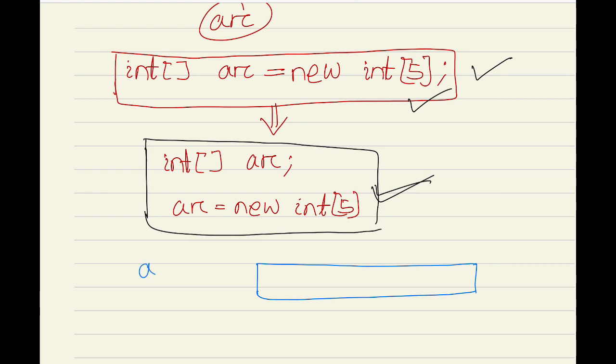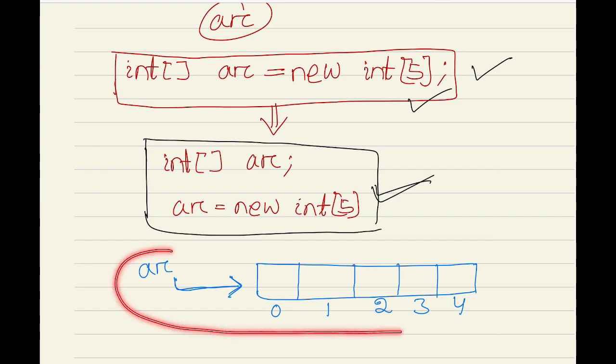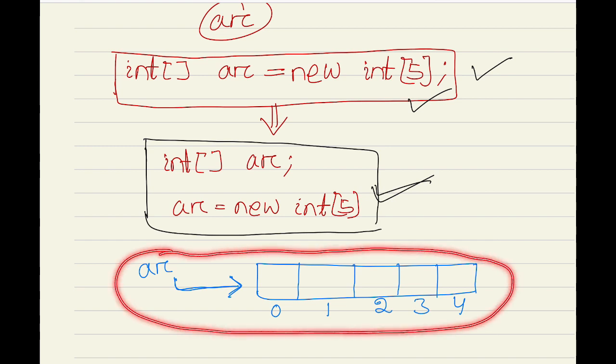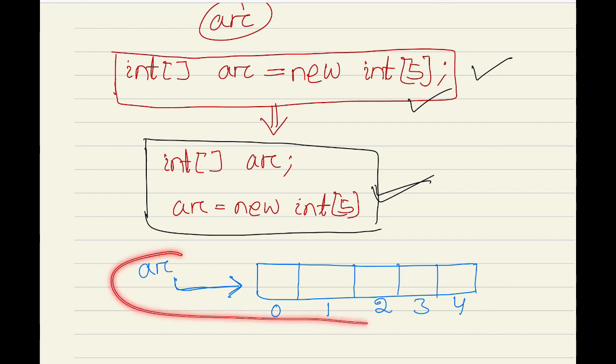So here AR is going to refer to this array, and it is of size 5, 1 2 3 4 5. So its index is 0, its index is 1, then 2, 3, 4, and AR refers to this one. So pictorially this one is the representation of this statement or this statement.